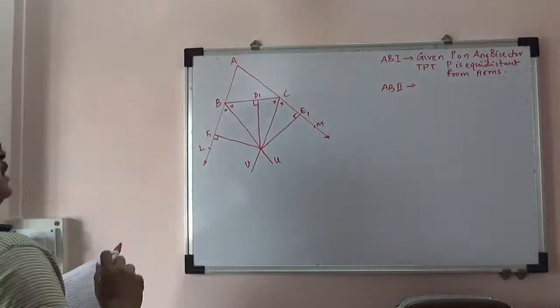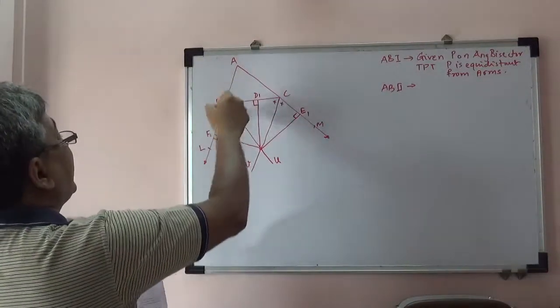Now consider triangle ABC and its exterior angles.